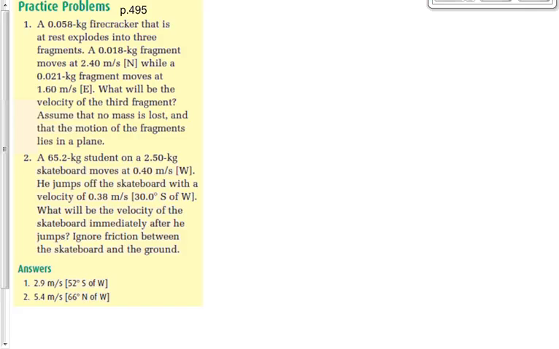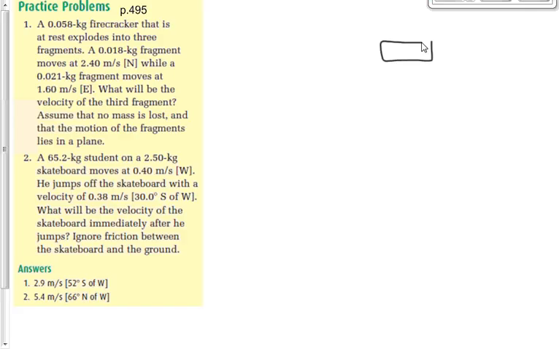All right. Is there anybody for number 1, or are we good with just number 2? Okay. Let's draw the picture for number 2 first. It says a 65.2 kilogram student on a skateboard is moving to the west at 0.4 meters per second. That's what's happening before anything takes place.